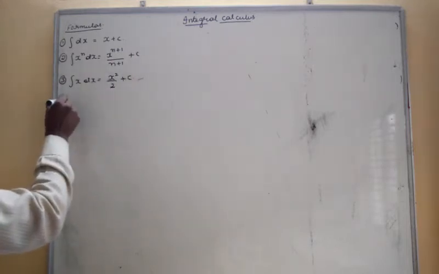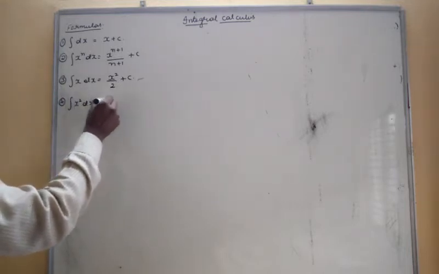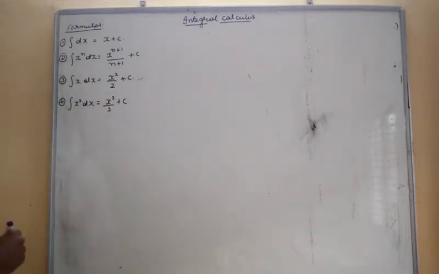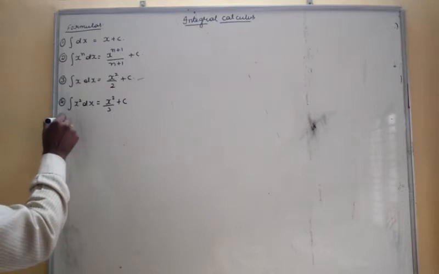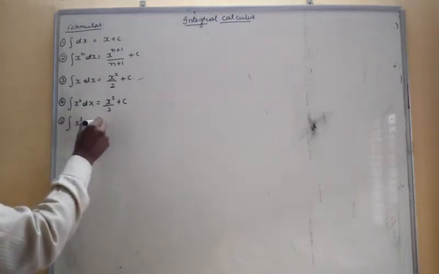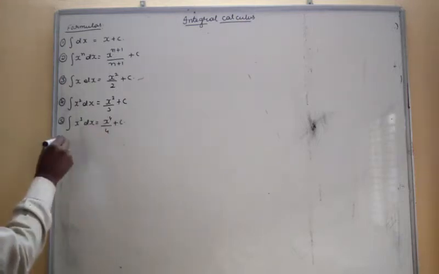Again integration of x square is x cube by 3 plus c. Then integration of x cube is x to the power of 4 by 4 plus c.